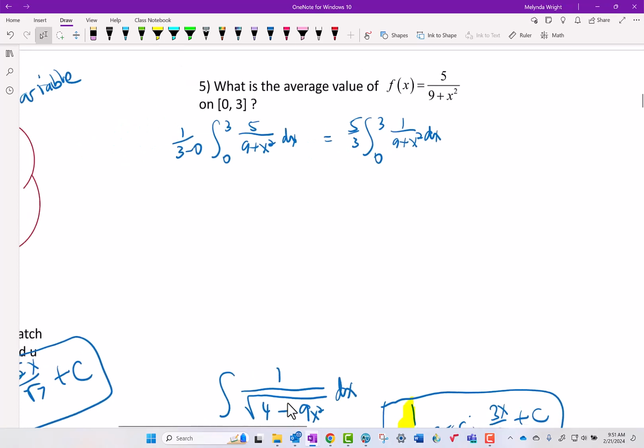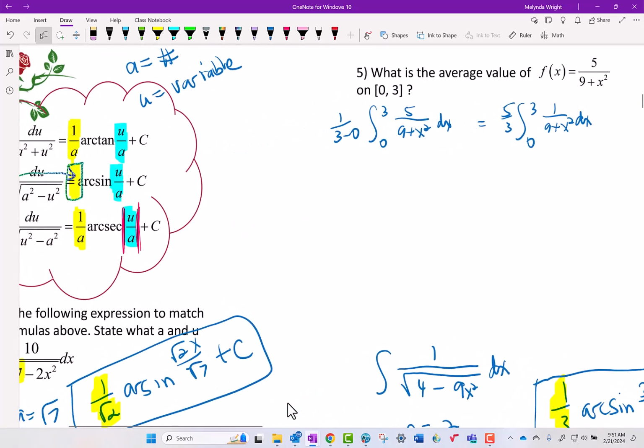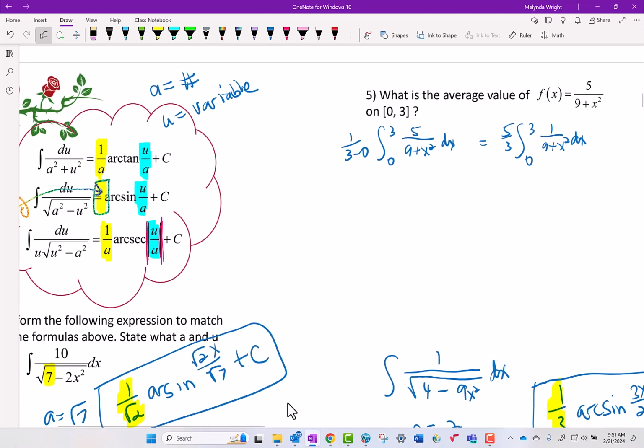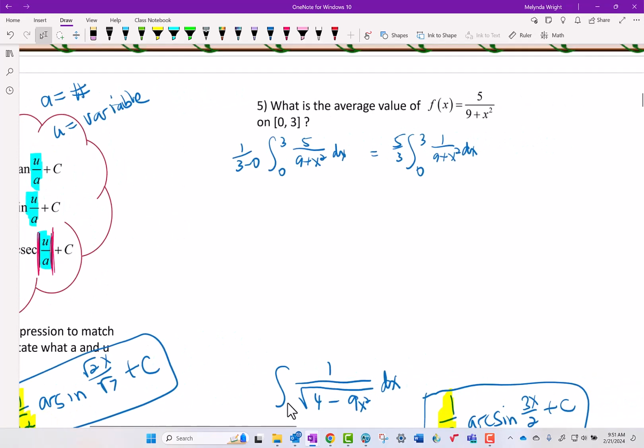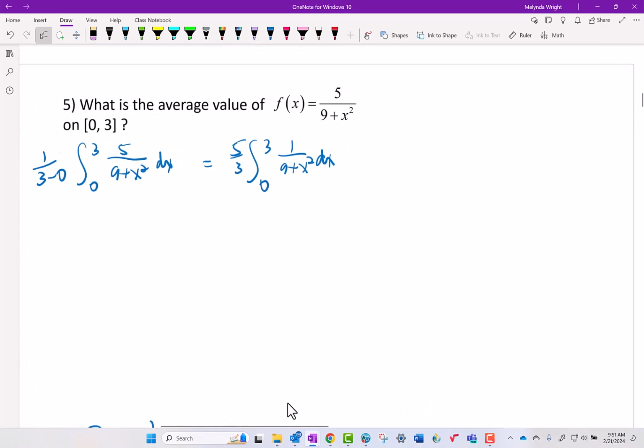So let's look at these formulas. Which one is that one? Arctangent, arcsine, or arcsecant? It's arctangent. So let's write just over to the side right here like scratch work. So a is 3 and u is x. So there is no u sub here. So it's just straight up formula.